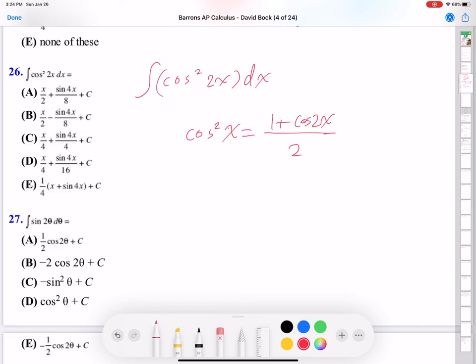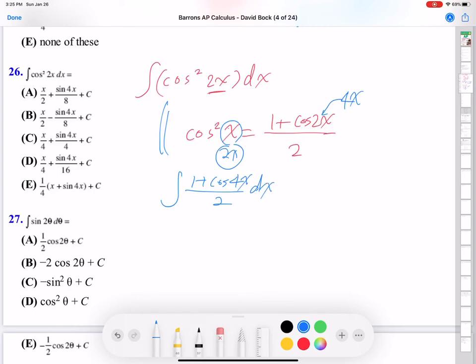You can change this, but it is 2x, isn't it? So if we use 2x instead of x, this angle is going to be what? 2 times 2x. So that's going to be 4x, right? So you can change this. Integral 1 plus cosine 4x over 2 dx.